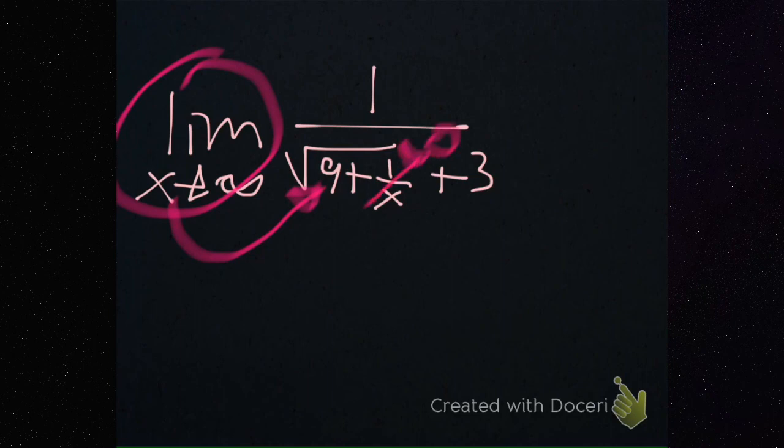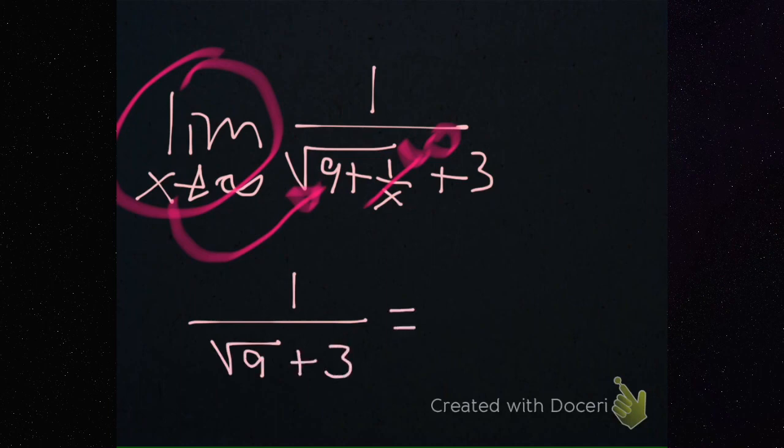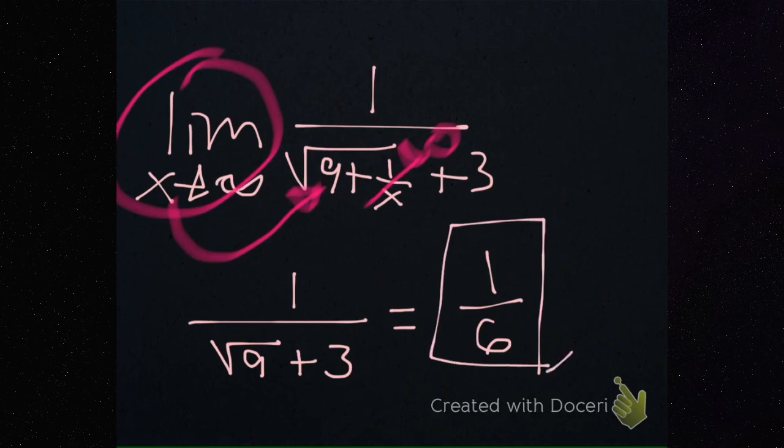So after we run that limit, we end up with 1 over the square root of 9 plus 3. That's 1 over 6. So in this scenario, infinity minus infinity happened to be 1 over 6.